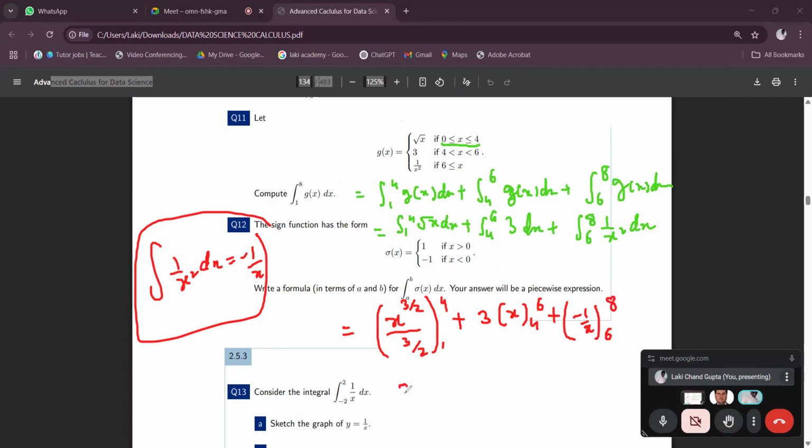Okay, 2 over 3. Put the value of x. Minus 1 over x means minus 1 over 8 plus 1 over 6.